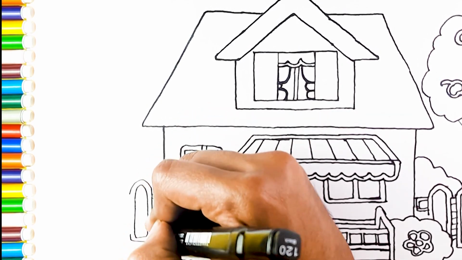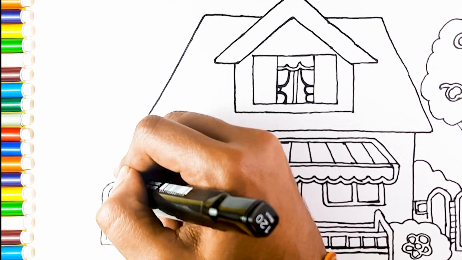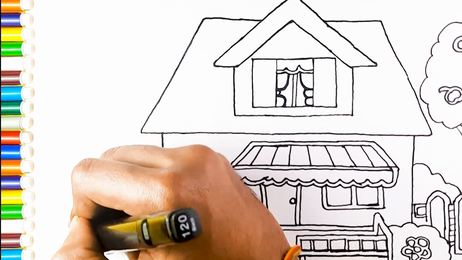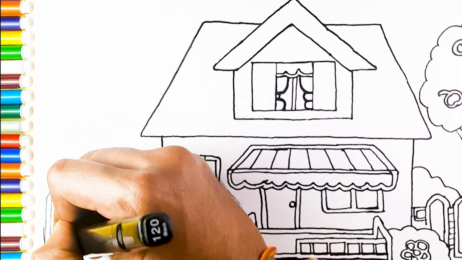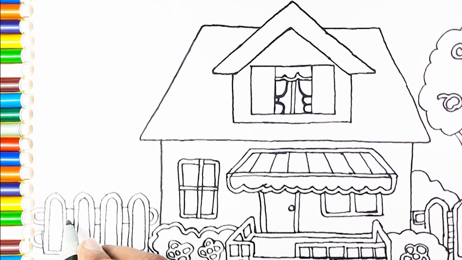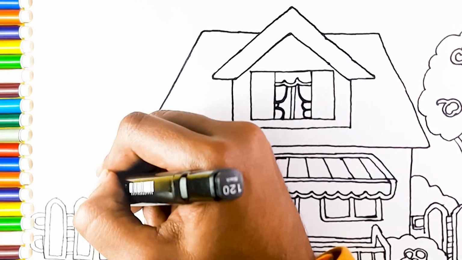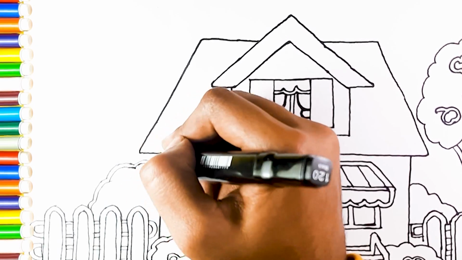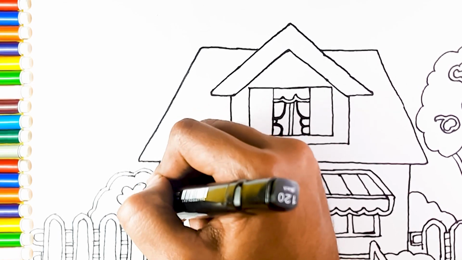Let's give a wooden compound for our house, at the left side of the house. One more small tree attached to the house, with one flower.